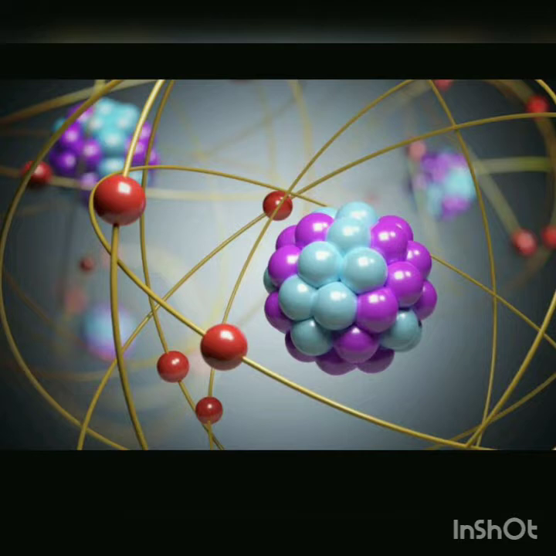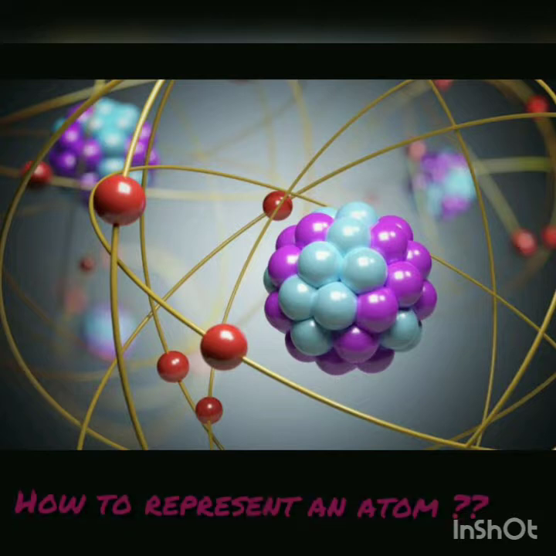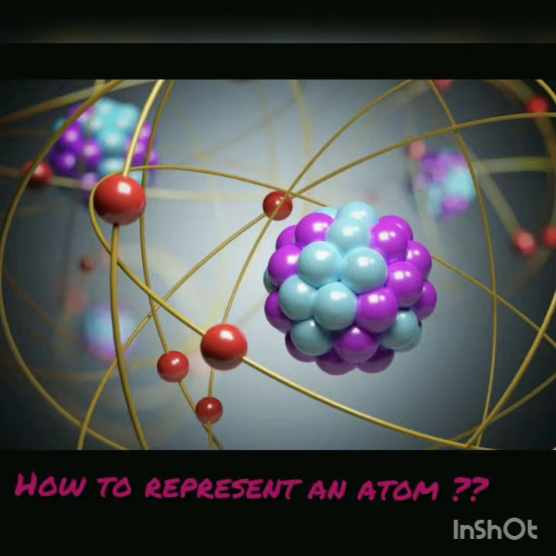They mostly exist in combination with the atoms of the same element or another element. There are as many kinds of atoms as there are elements. These atoms are very small in size, but one question is always in our mind: how to represent these atoms?